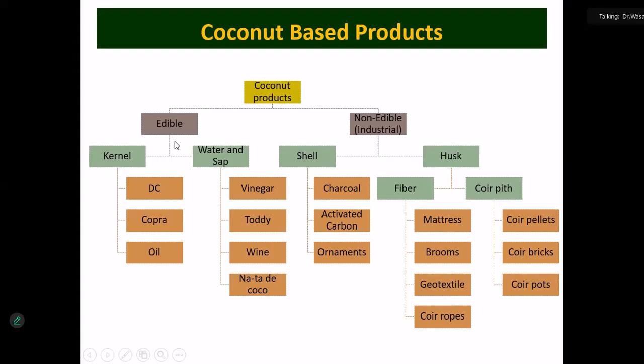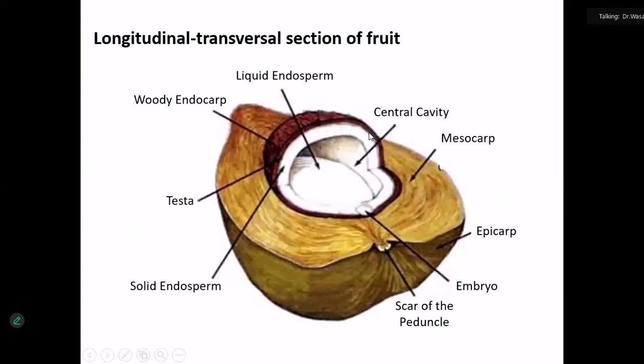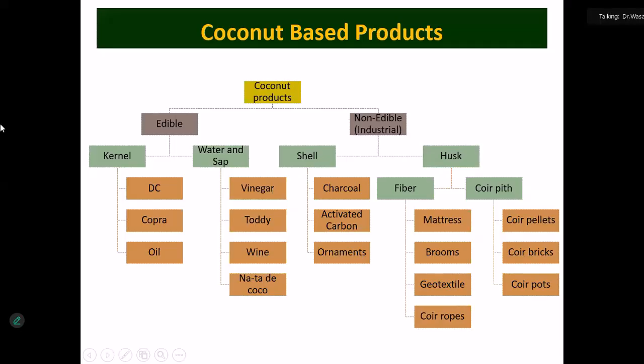In the case of edible products, you can see here the kernel. This is the coconut kernel, the white color one. Different products are made from it.